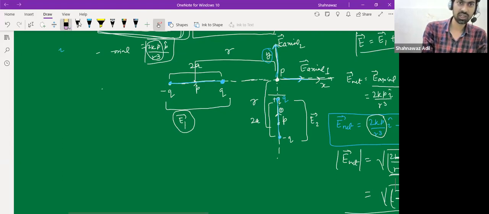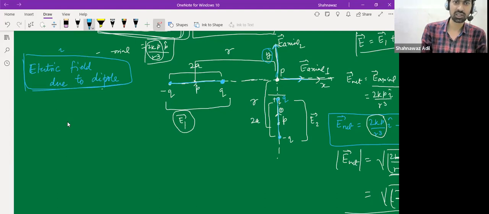The heading would be electric field due to dipole. Right, and we have learned about the equatorial and the axial part. So after that, this was the question.